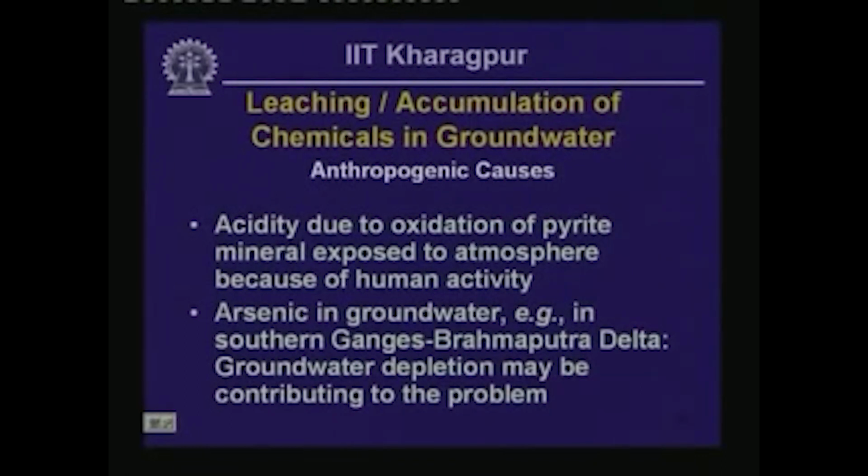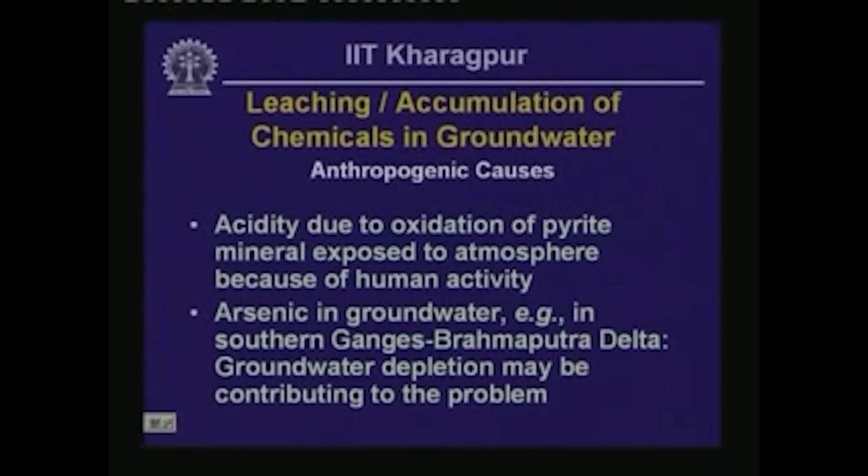That could happen in mine waste dumps where the waste rock is comprised of pyrite minerals, and oxidation of the pyrite mineral and subsequent leaching releases acid in the groundwater, and that actually decreases the agricultural potential of the areas around these facilities to a significant extent.